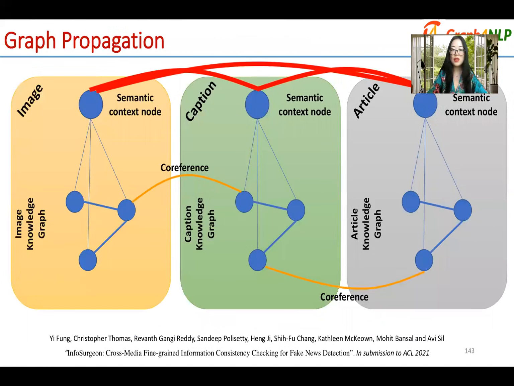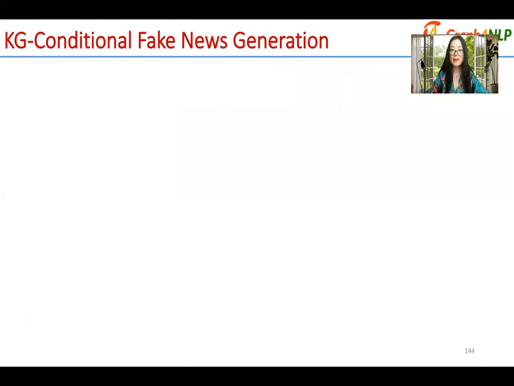Within each data modality, we have a knowledge graph, so we can look into every triplet to see whether it is consistent with its neighborhood. And across data modalities, we can also see whether the triplets that are coreferential are consistent or not. If the image says the police was not shooting at the crowd, but the body text provides different information, then that's an inconsistency.